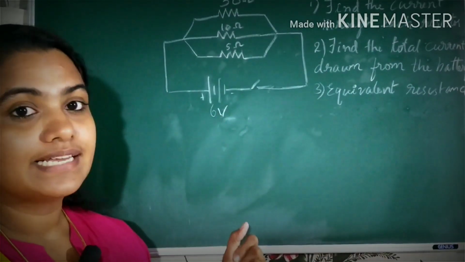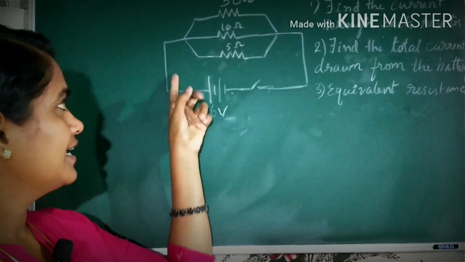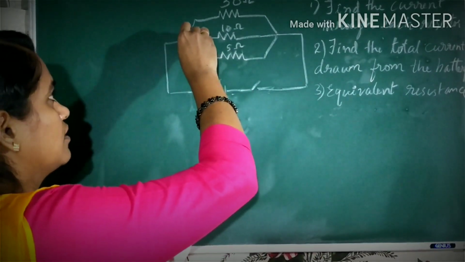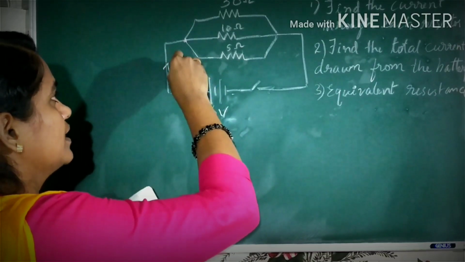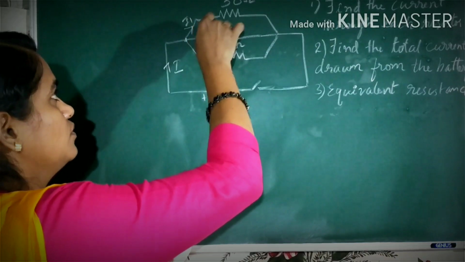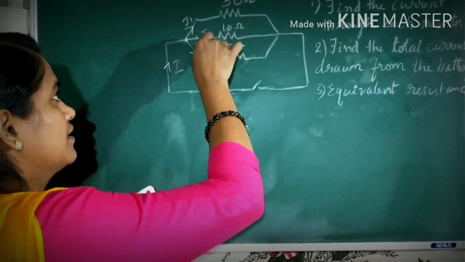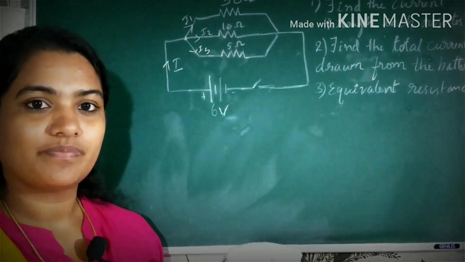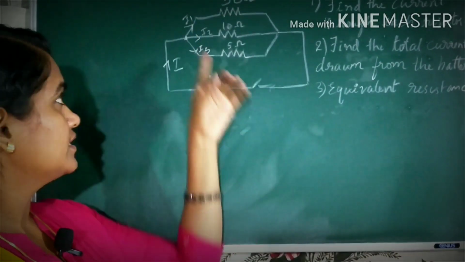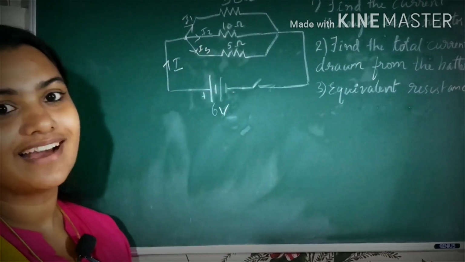We know that in a parallel connection, the current will get divided at the junction. Here the current gets divided as I1, I2 and I3. So we have to find each current, that is I1, I2 and I3.